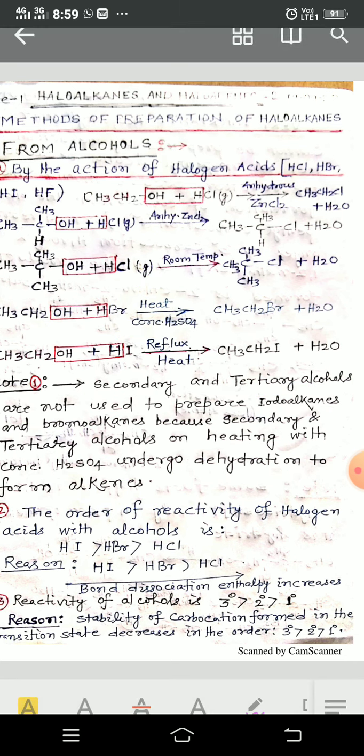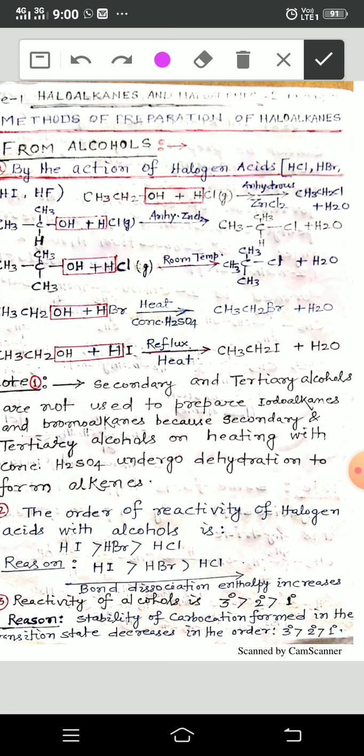Now, the order of reactivity of halogen acids with alcohols is: HI is more reactive than HBr, HBr is more reactive than HCl. Why? Because bond dissociation enthalpy increases from HI to HCl. That's why HI is more reactive.